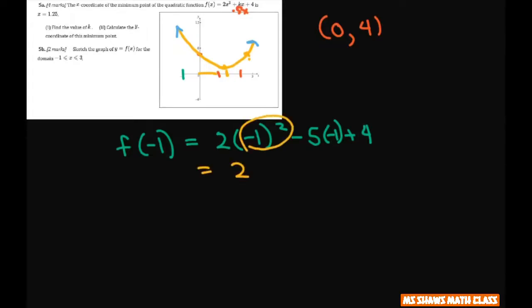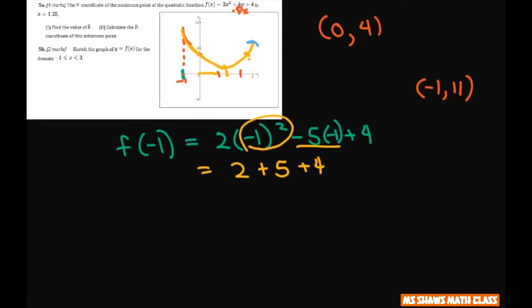So you get 2 plus 5 plus 4. That's 11. So at -1, we should be really close to this 12. And we really want to stop here, so I don't want to draw arrows. At -1, we're going up to 11, so it stops up right about here.